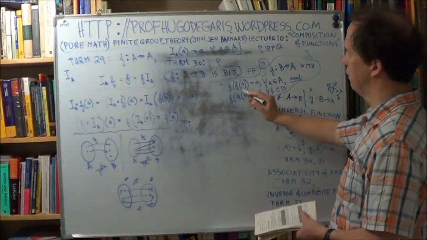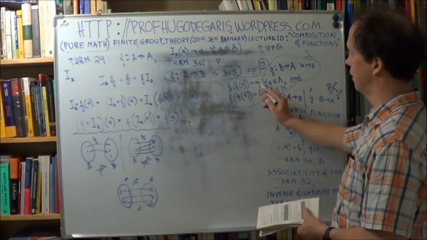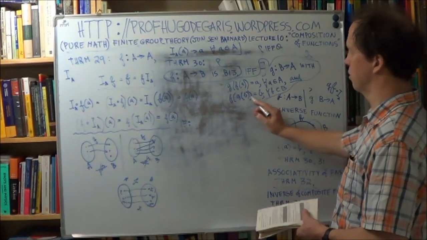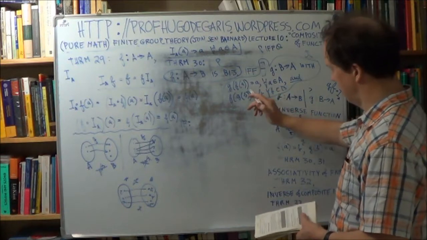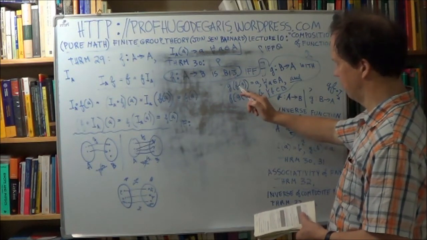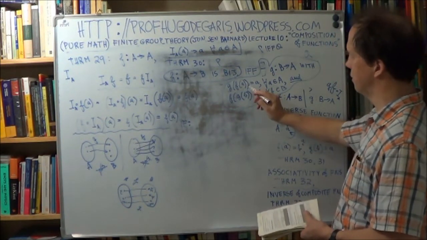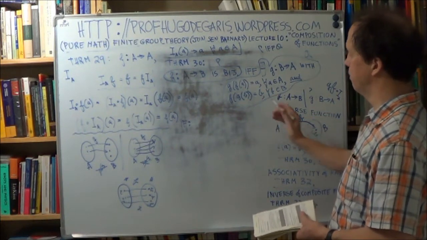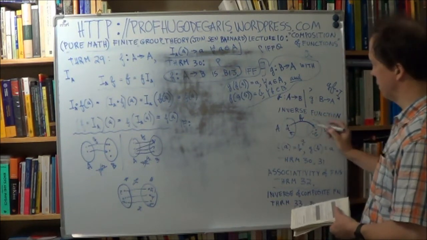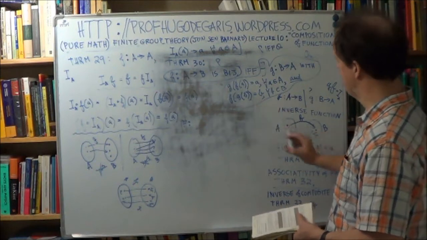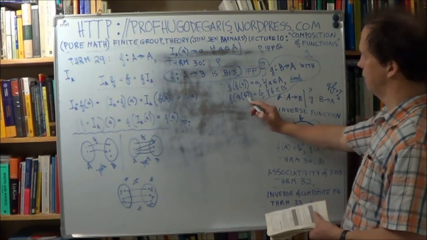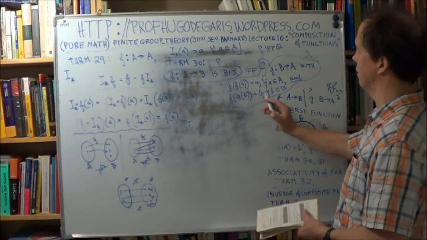So if you do gf, you get what you started with. If you do fg, you get what you started with. Now, if you go from A to B, you'll start with letter A. If you go from big B back to big A, you'll start with a little letter B, right? So you end up with what you started with.